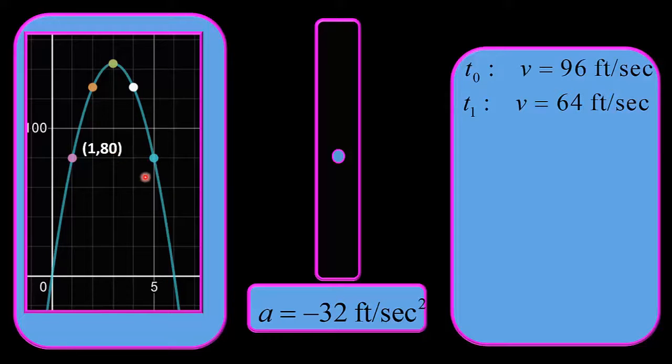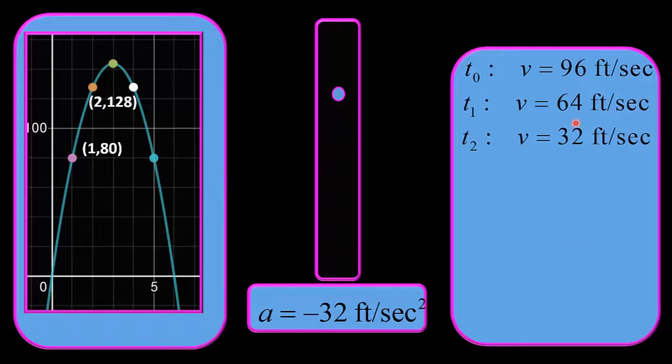You might be wondering, well, how did you get 80 feet? We'll look at that in just a second. But right now, let's just take this as a given. So for the first second, it's traveled 80 feet, and the velocity is now 64 feet per second. Now, I'm going to go to the next second, and because acceleration every second is decreasing the velocity by 32 feet per second, this next one should be 32 feet per second.